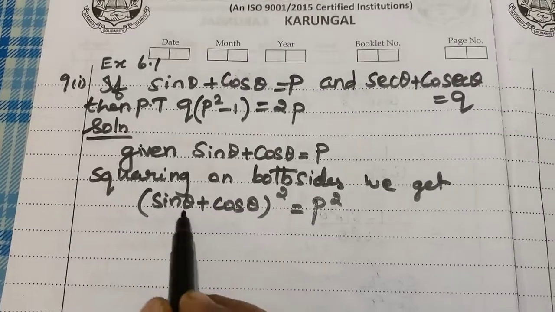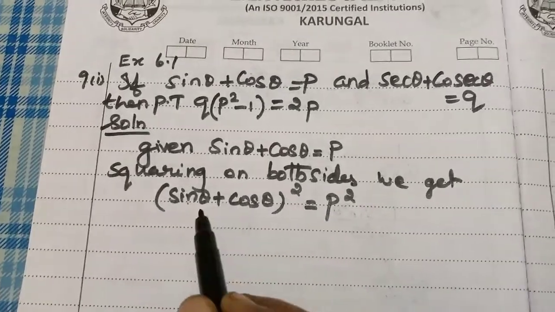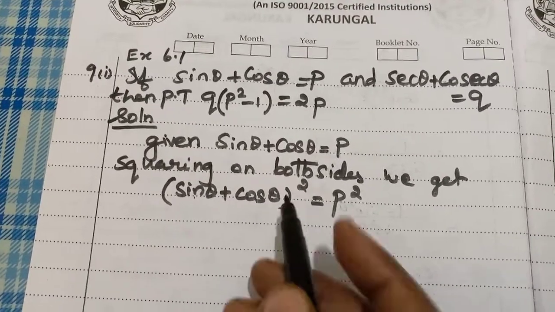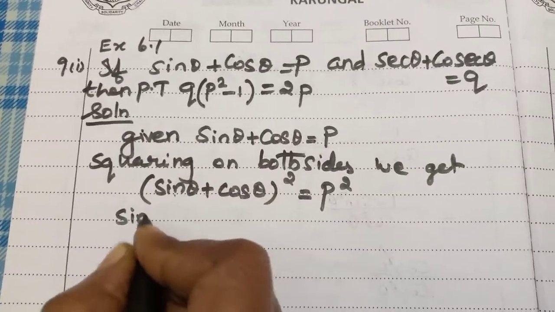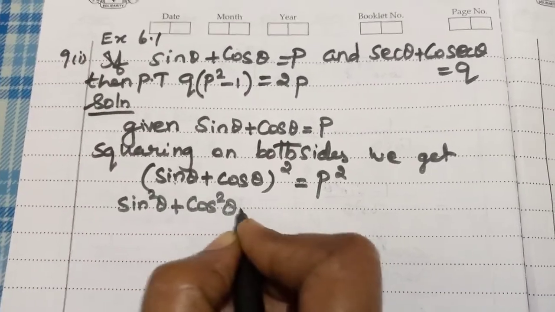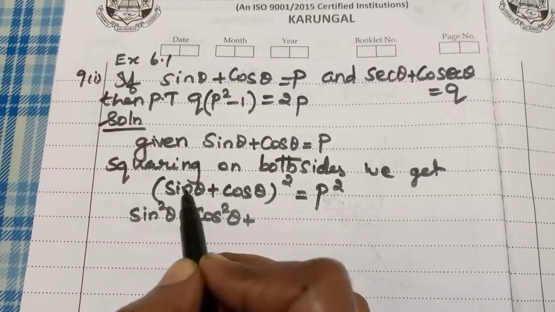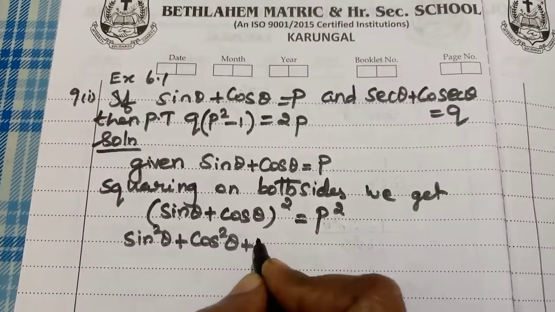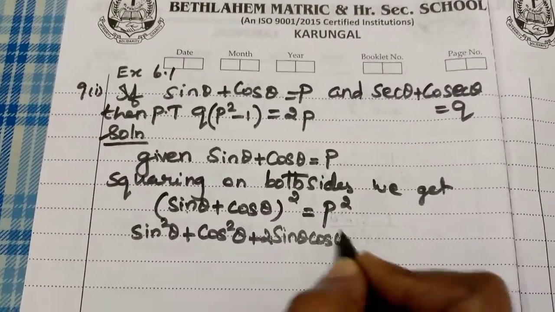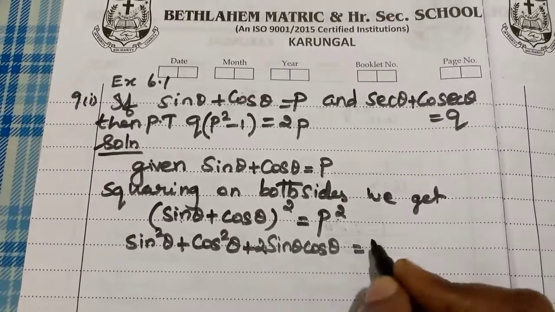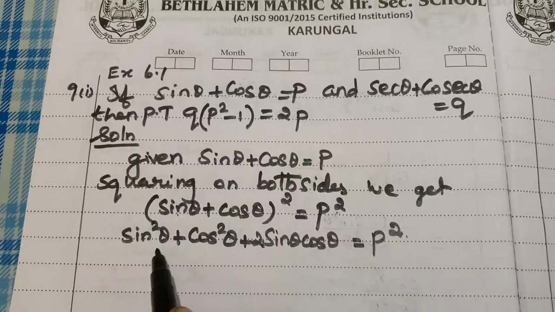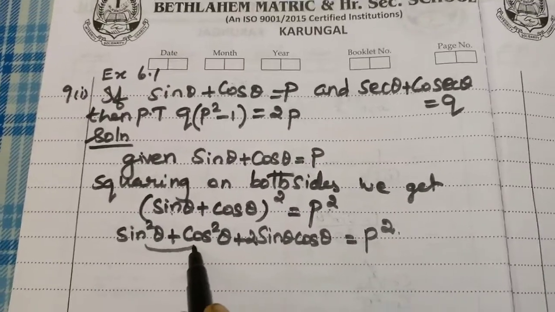It is in the form of a plus b the whole square. What is a plus b the whole square? A square plus b square plus 2ab. So let's write sin square theta plus cos square theta plus 2 sin theta cos theta equals p square. Now we know that sin square theta plus cos square theta is 1.